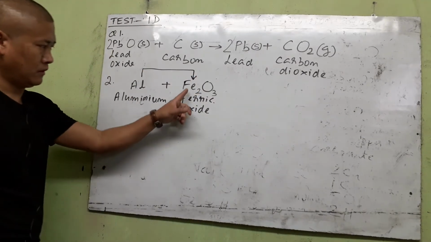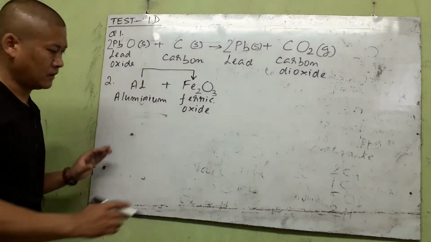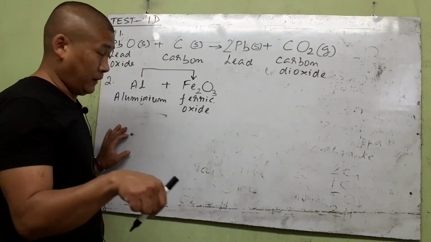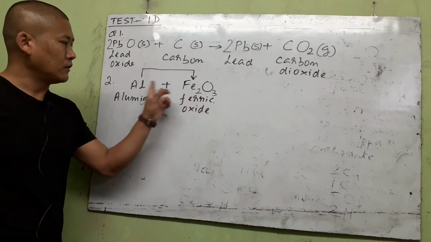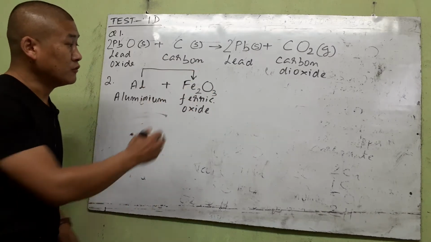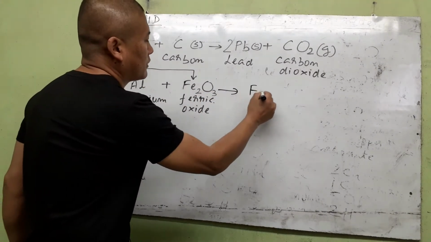Open your textbook to page 47 and find out the activity series table, whether aluminium is above iron or not. Al is above Fe, and we see that it's above Fe. That means aluminium is much more reactive than iron. So you can easily displace, means remove this Fe to the right side, and it will come out as free iron.